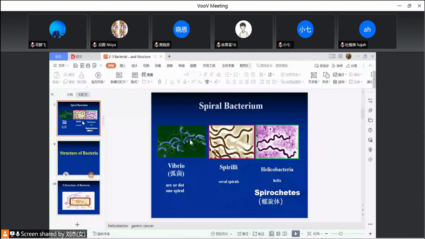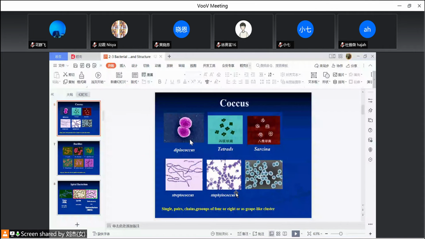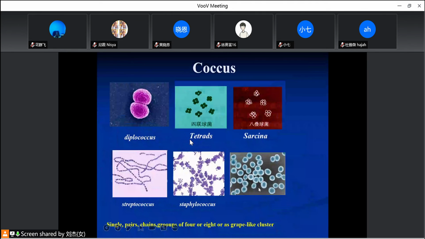Oh no, I don't have other pictures, but I will show you a video later. When you watch the video, you can get a much clearer idea about the different shapes and names of the coccus.